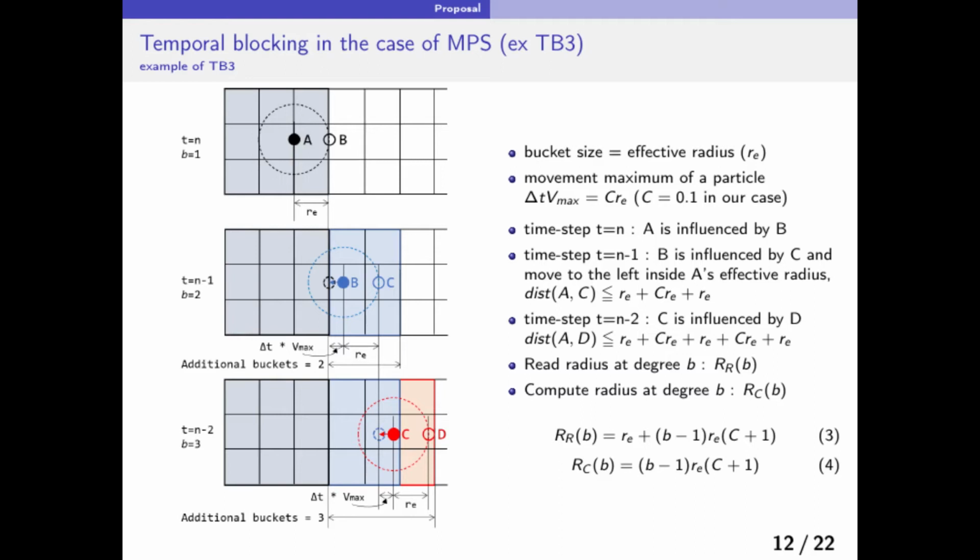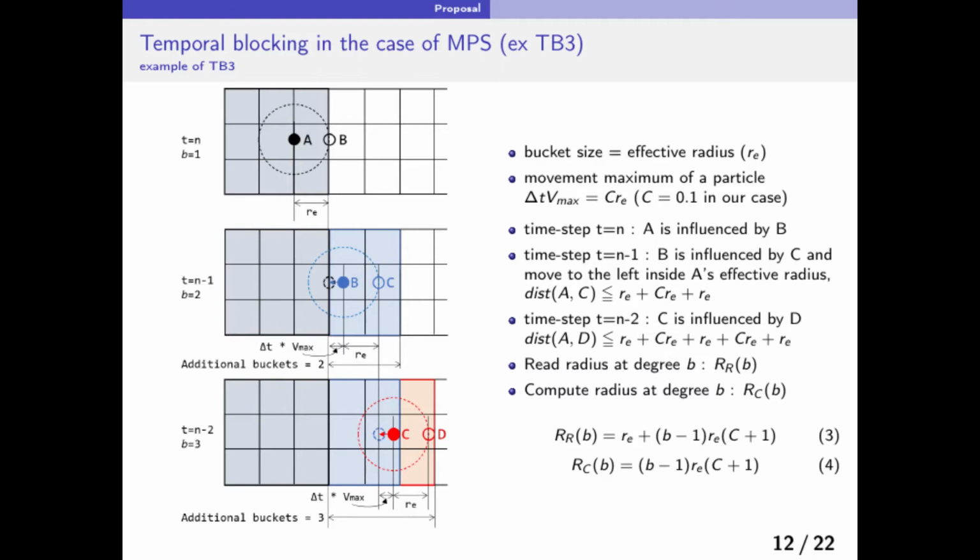In the case of temporal blocking, 2 more buckets need to be accessed in 1 dimension to compute 3 time steps. However, for MPS, 3 buckets are required. Let's take an example. We want to compute the particle A. The state of the particle B needs to be known at the previous time step. However, the particle B moved between the 2 time steps and came from the right.